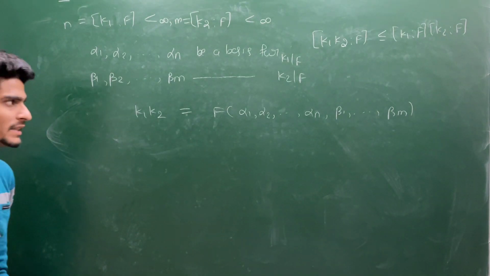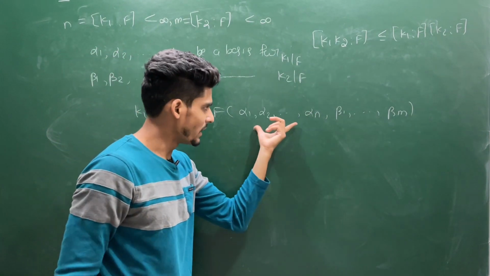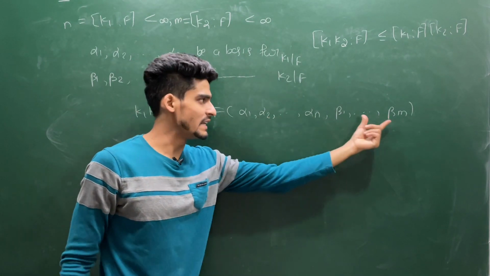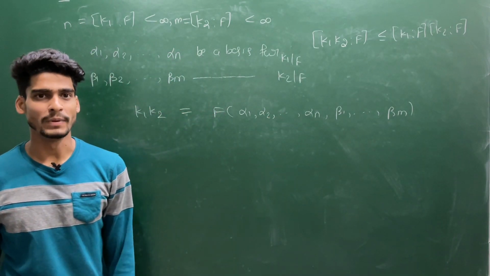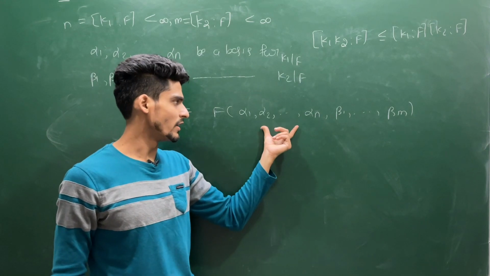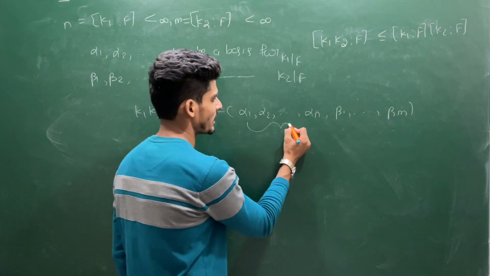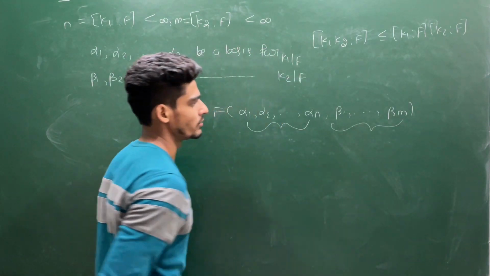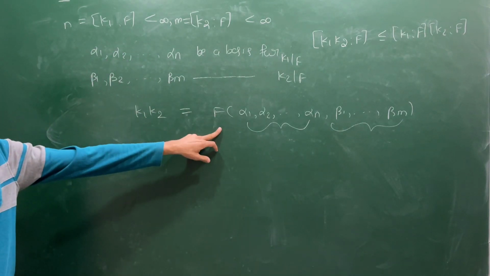But what may be the problem? Some elements of alpha may be a linear multiple of some elements of beta, or some element here can be written as a linear combination of some elements here. So this may be the problem.